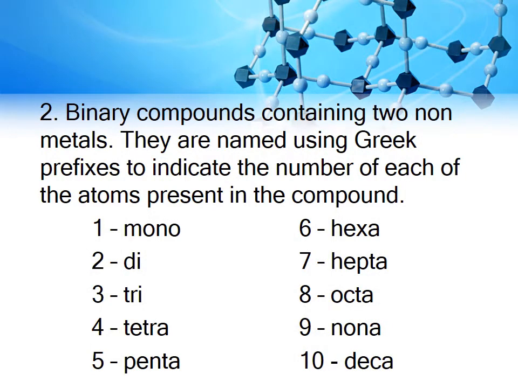For the binary compounds containing two nonmetals, they are named using Greek prefixes to indicate the number of each of the atoms present in the compound. For one, we have mono; two, di; three, tri; four, tetra; five is penta; six is hexa; seven is hepta; eight, octa; nine, nona; and 10, deca.